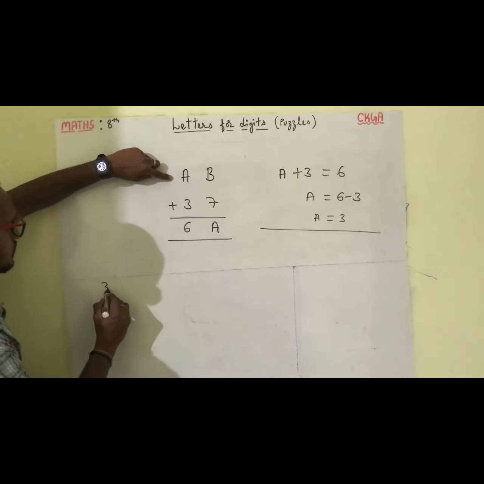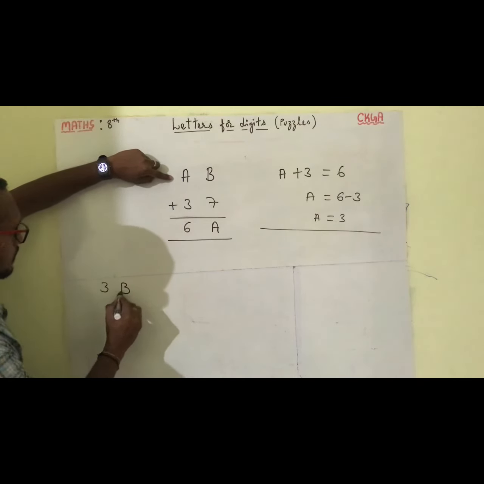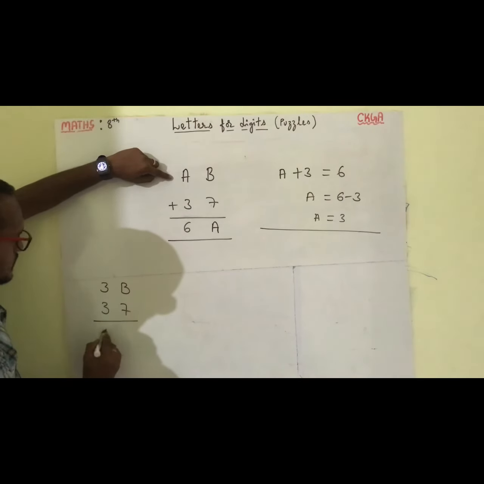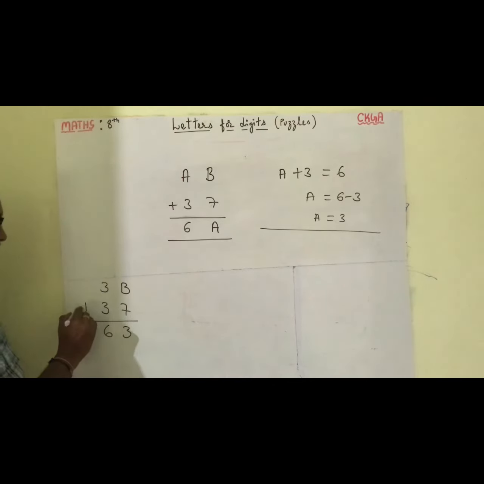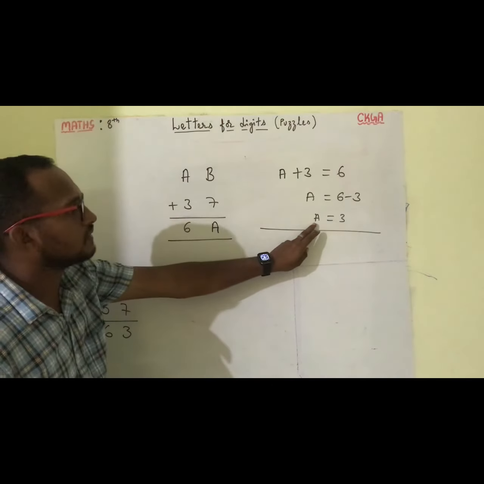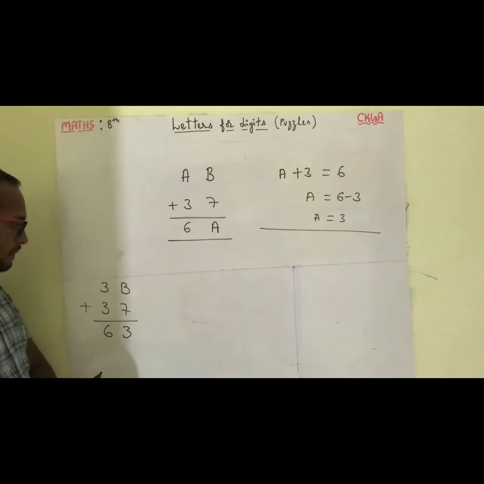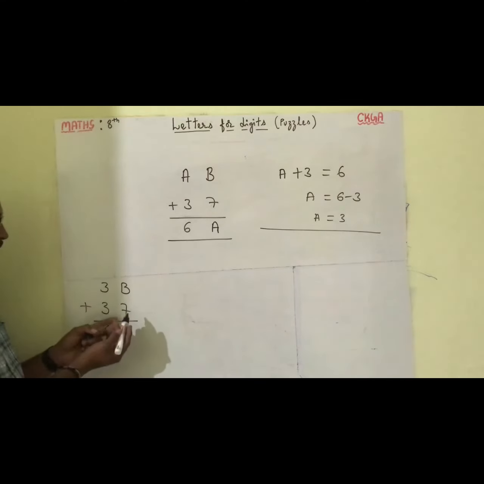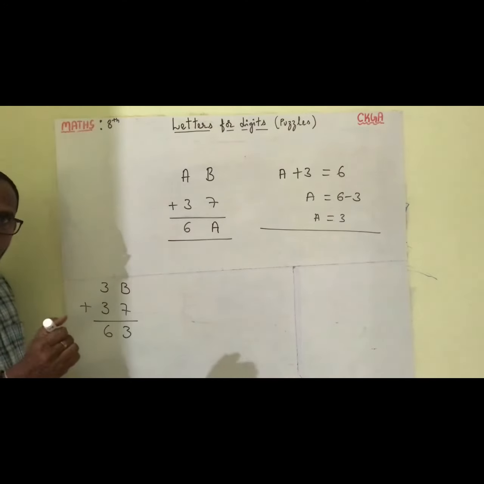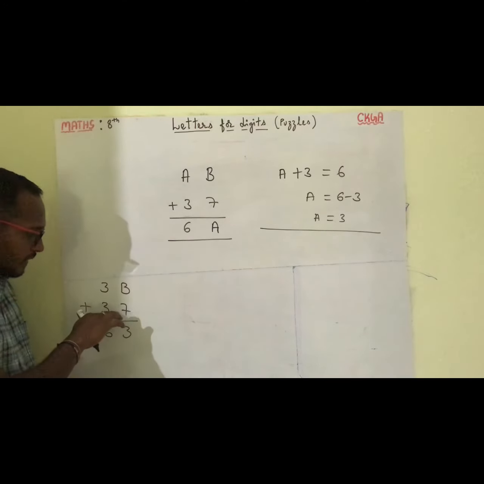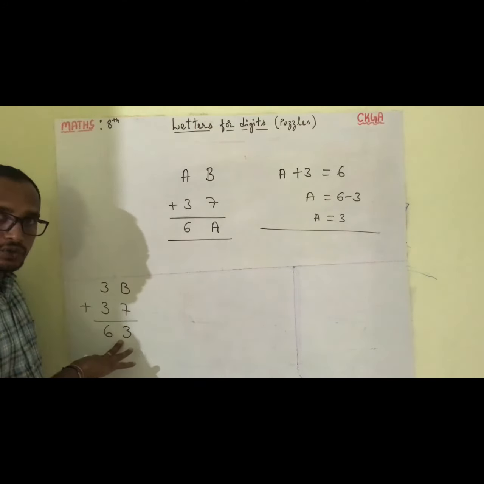If I write 3B + 37 = 63, this was the situation. So there is a plus. When you crack it with the value of A equal to 3, now you have to choose the value of B such that when added with 7, the answer should be equal to 3.